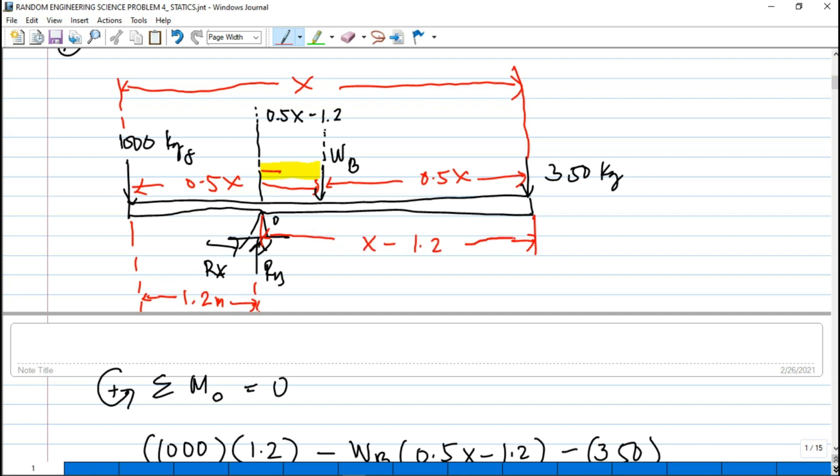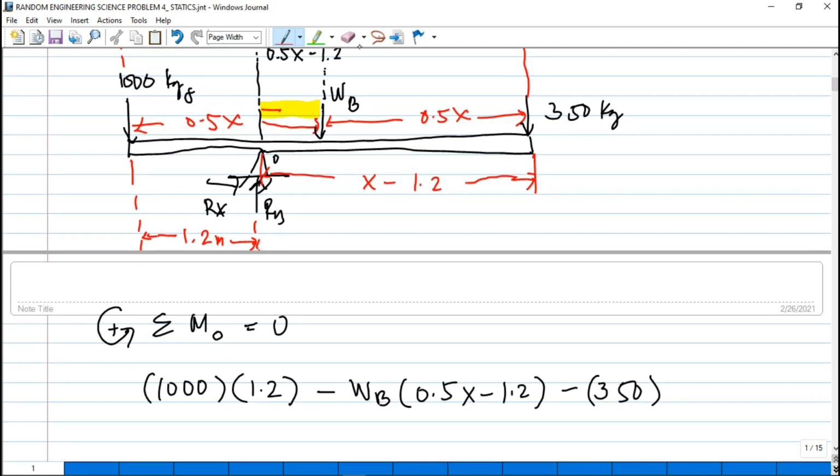So this is the moment arm of the 350 kilogram force on the right side opposite of the beam. So this is times x minus 1.2, that is equal to 0. So this will be our equation 2.